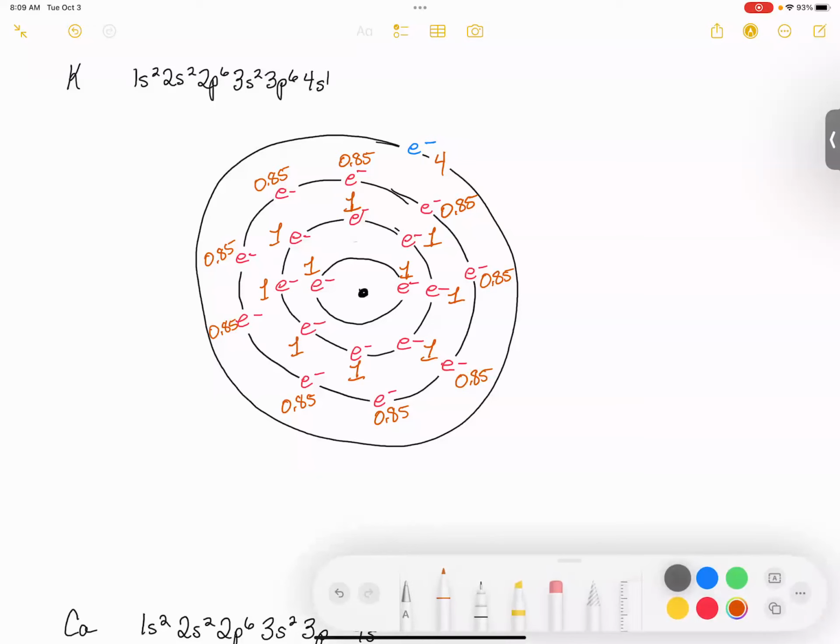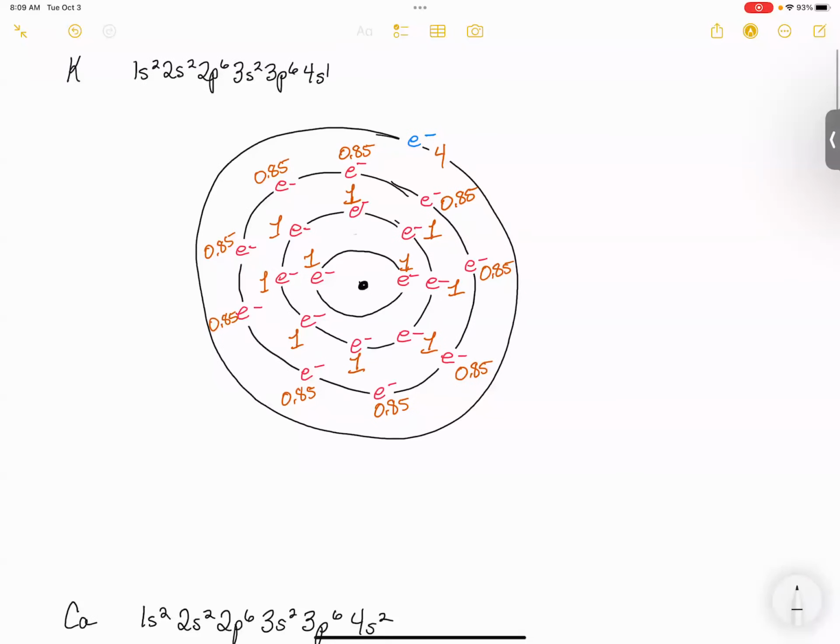So if I were to look at this calculation, my S, which is the shielding constant, is going to be equal to 8 times 0.85 plus 10 times 1, which comes out to be 16.8.